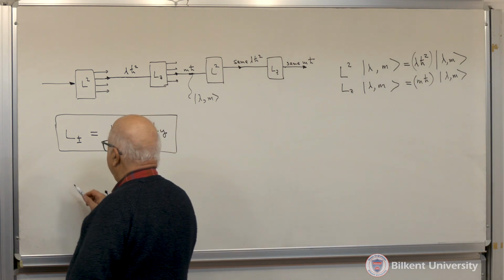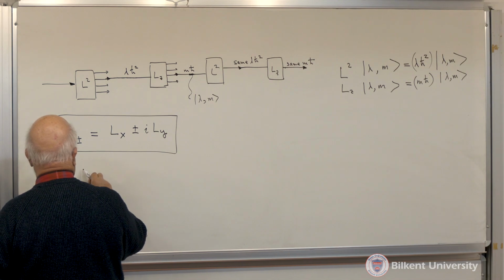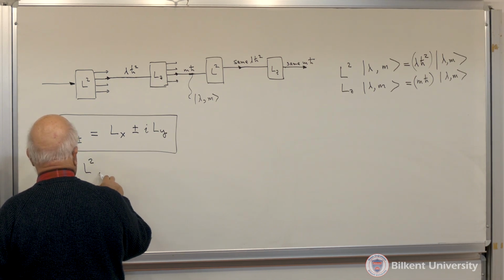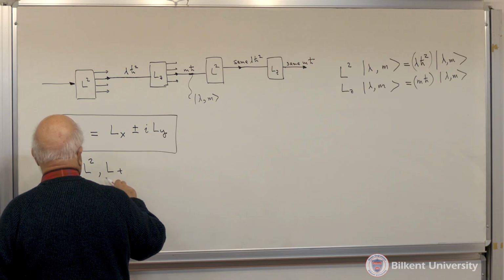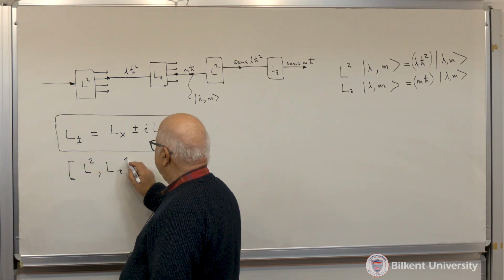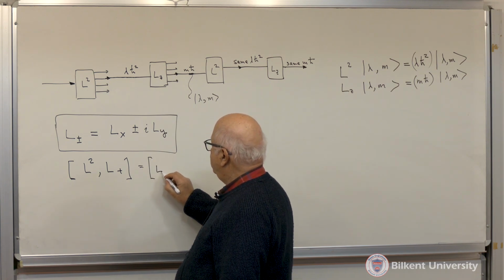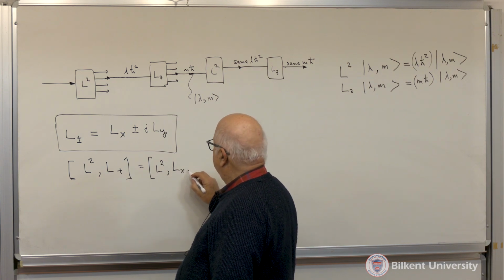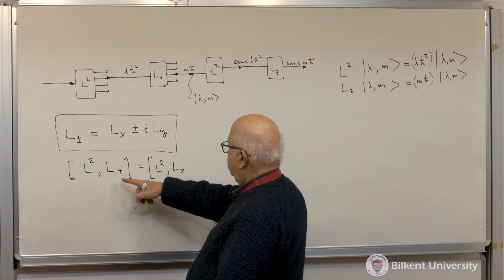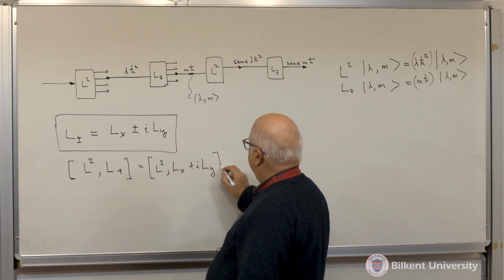Let's just look at the commutator of various things. For example, let's look at L squared with L plus or minus. Let's just look at what L squared with L plus is. It's going to be L squared with Lx plus I Ly.